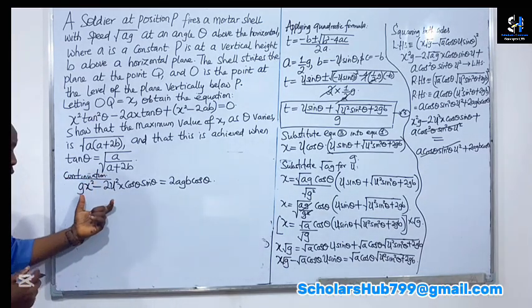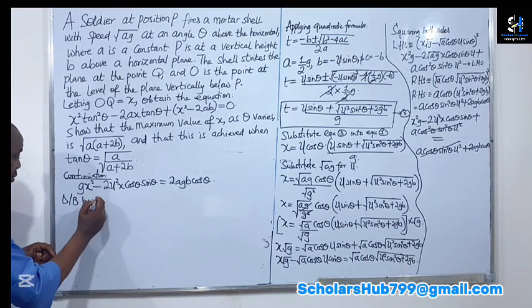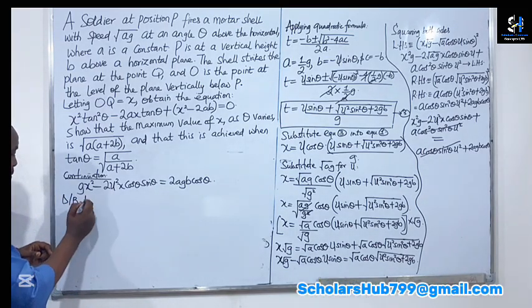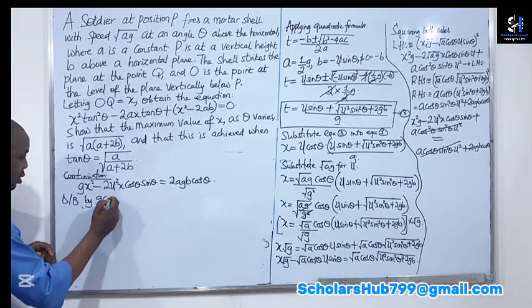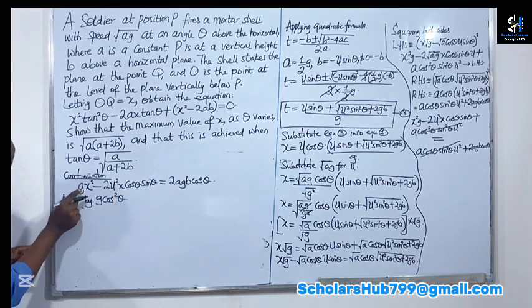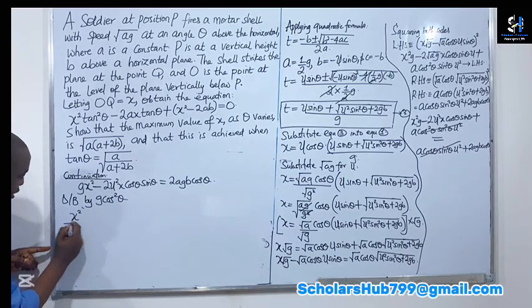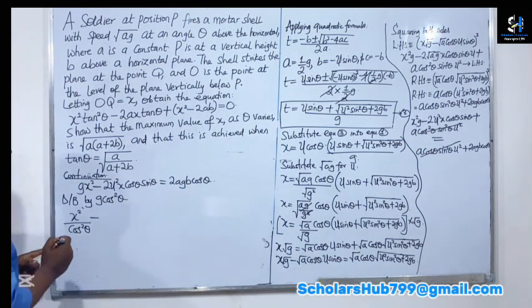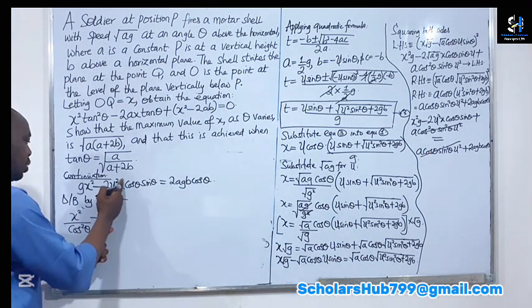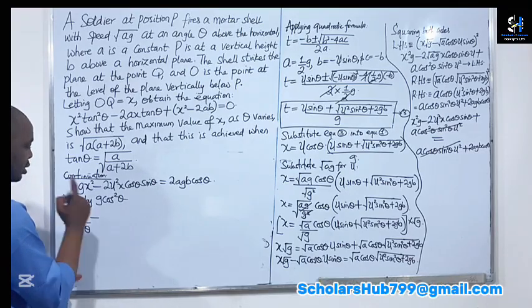The next thing to do from here will be to divide both sides by g cos squared theta. If I divide both sides by g cos squared theta, gx squared divided by g cos squared theta will reduce to x squared over cos squared theta, minus 2u squared x cos theta sine theta divided by g cos squared theta.